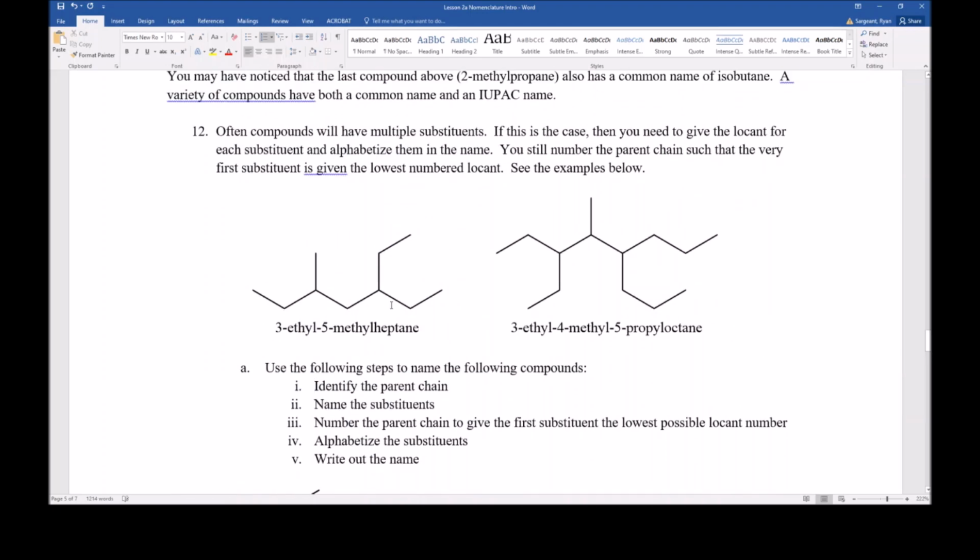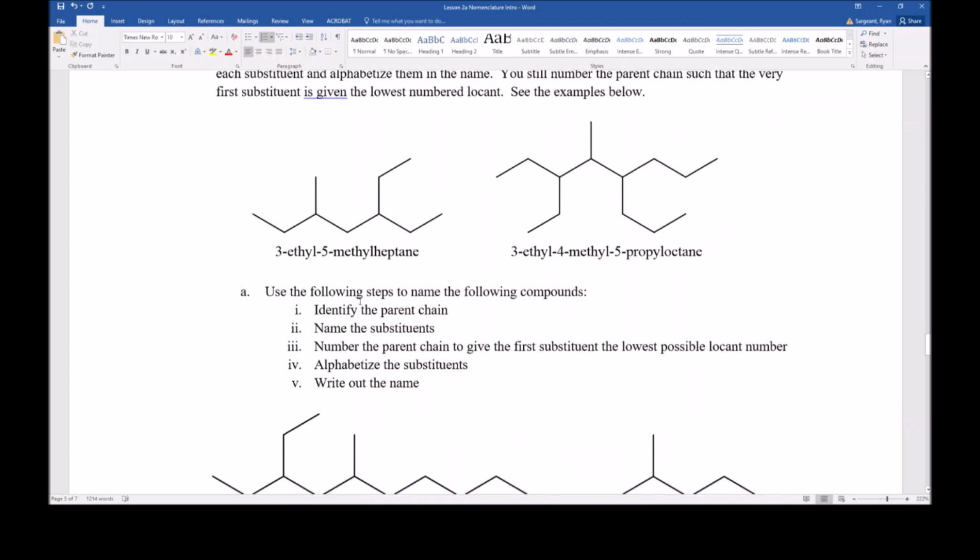That was this example right here, where if I start from this end, the first branch I run into is at position number 3. And if I start from this end, then the first branch I run into is position 3. The second branch is 5. Coming the other way, the second branch is 5. So only because the locant pattern was 3, 5 going either direction, then I had to worry about alphabetizing these when picking my numbers.